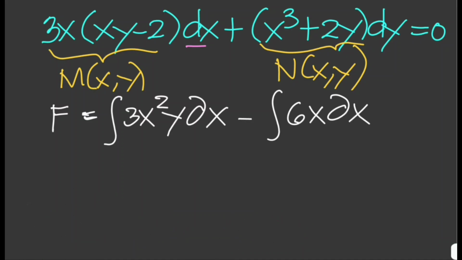Then again, we're dealing with partial derivatives here. So this is with respect to x. So we will only integrate the terms that have x in it. The rest of the terms that have no x in it would be considered as a constant.